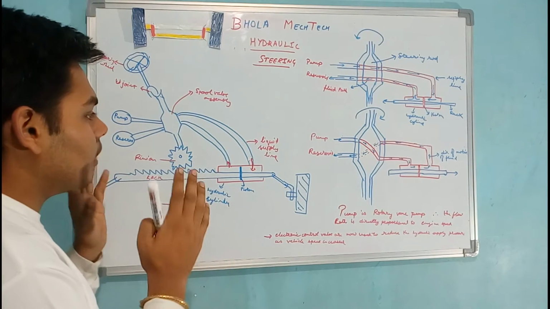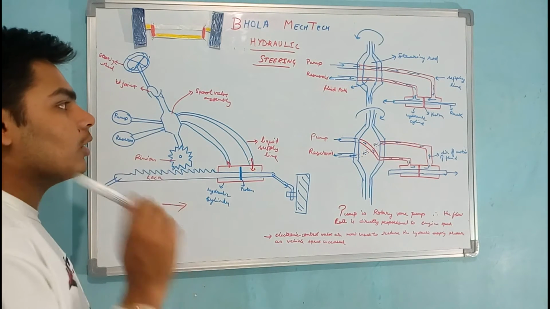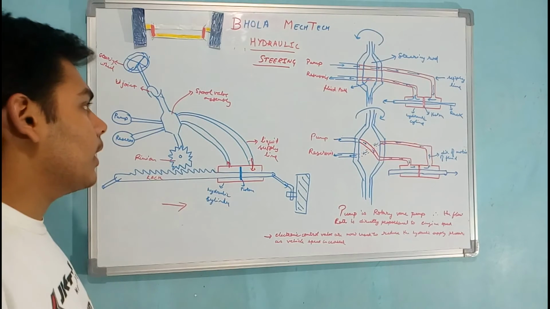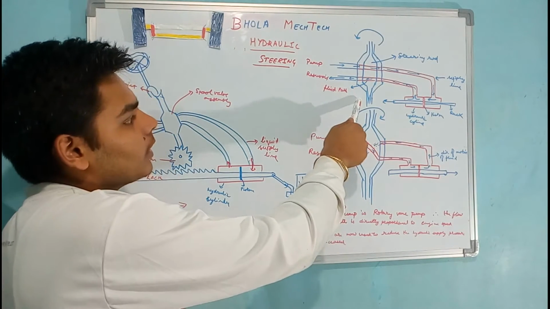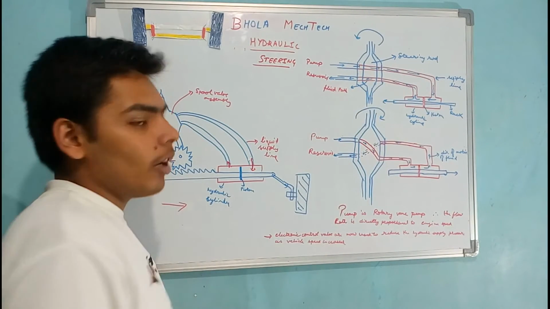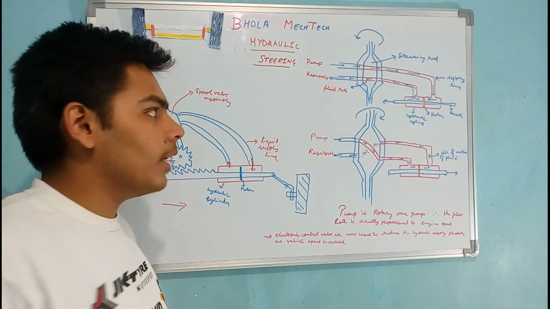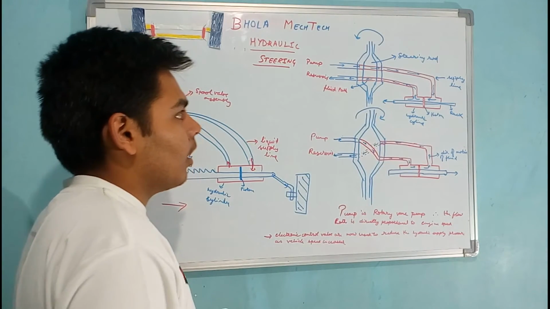So the main point here is to change the direction of the fluid. To change the direction of the fluid, there is a spool valve assembly given over here. In this spool valve assembly, there is a steering rod passing inside it, and this steering rod has some valves, or you may say some cavities, inside it, which will give the direction to the fluid.